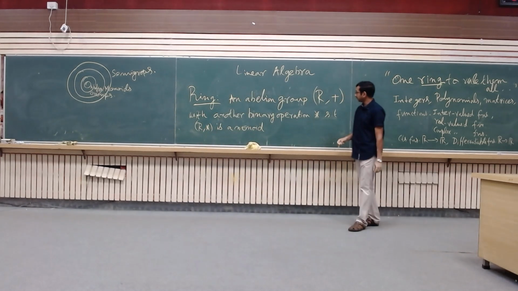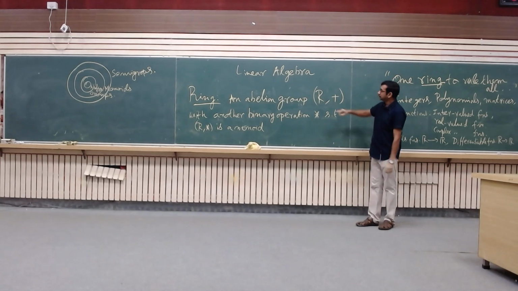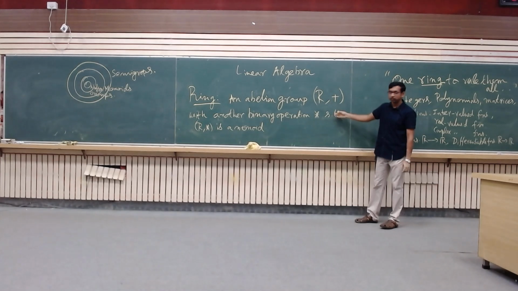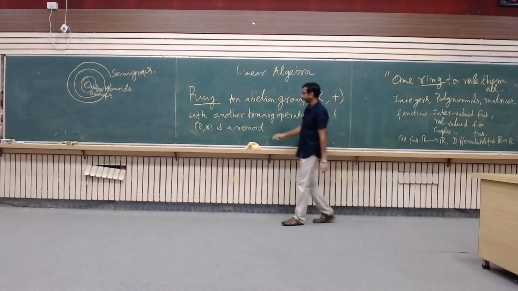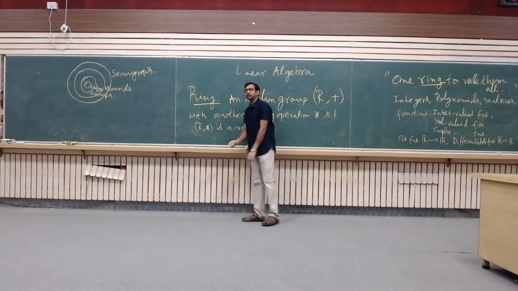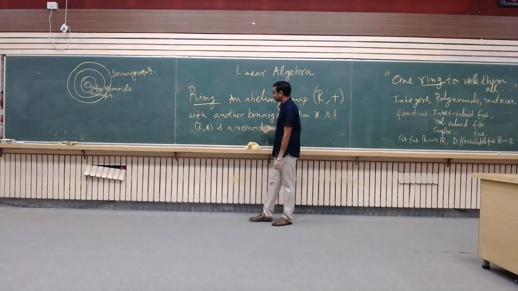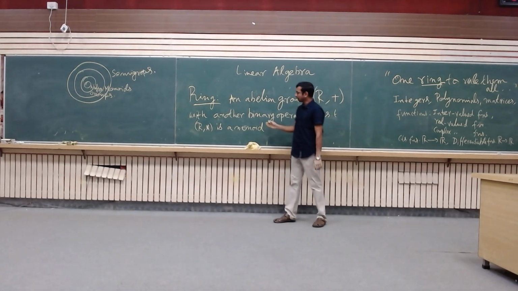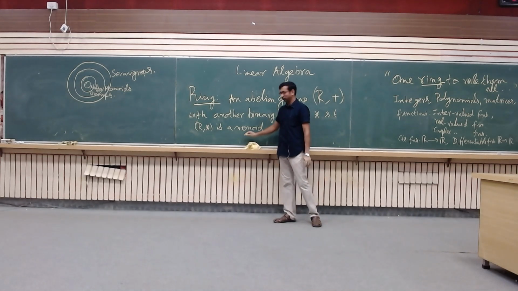Okay, that means R plus is an abelian group in the usual sense, whereas this one will have an identity element. It's called actually a commutative ring with identity. We'll just call it a ring. Okay, and all our rings will have identity.